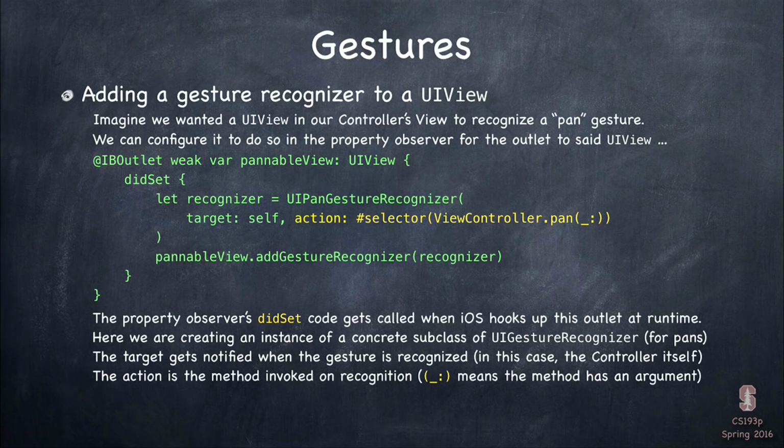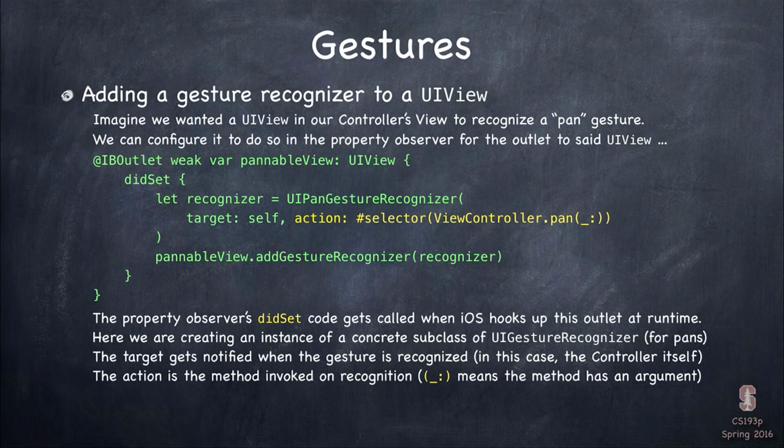Now you might say, why is this underbar right here? Why don't I have the name of whatever this first keyword is? That's because I don't really care what that name is. I just want to make it clear I want the version of pan that has one argument. Now, if I had multiple pan methods that had different first names there, then I would have to put the name in there. But I can put underbar here because underbar in Swift means I don't care, whatever.